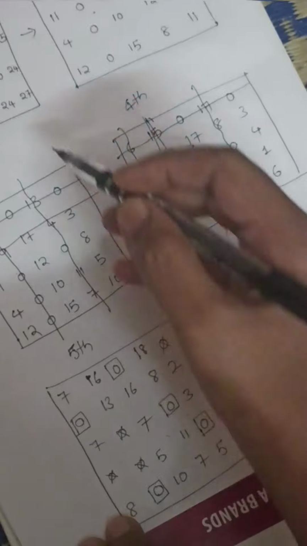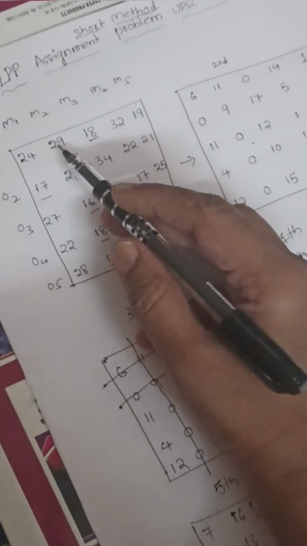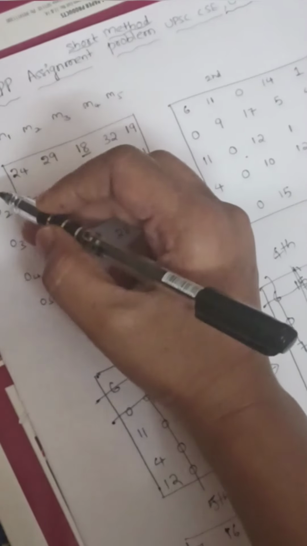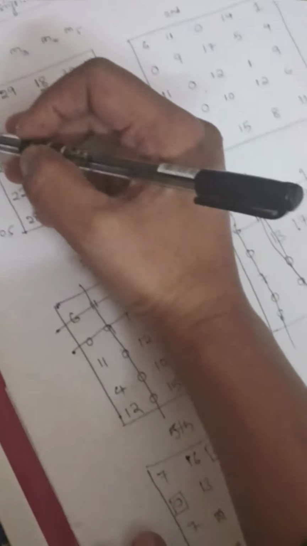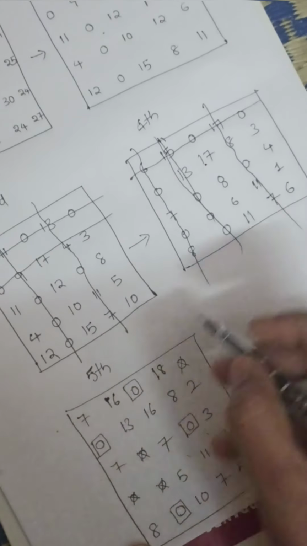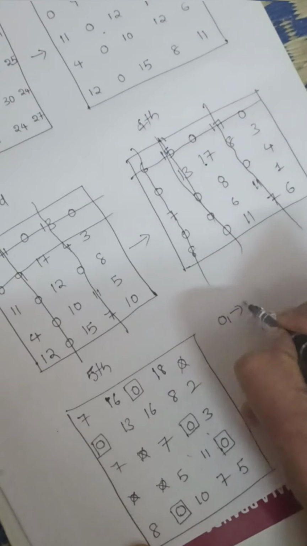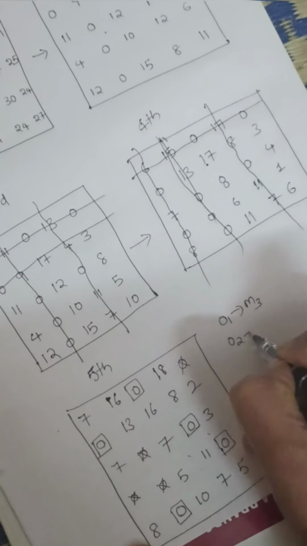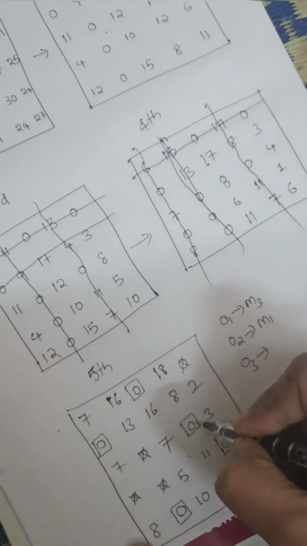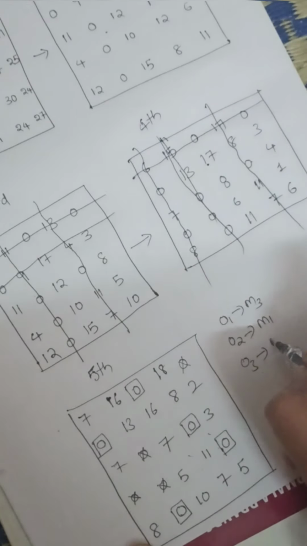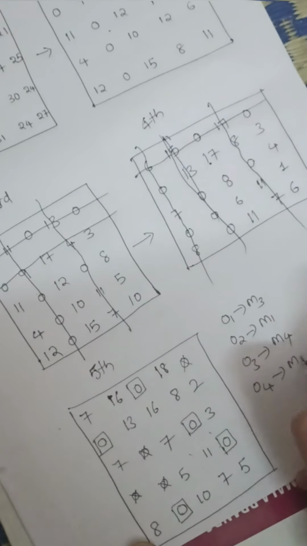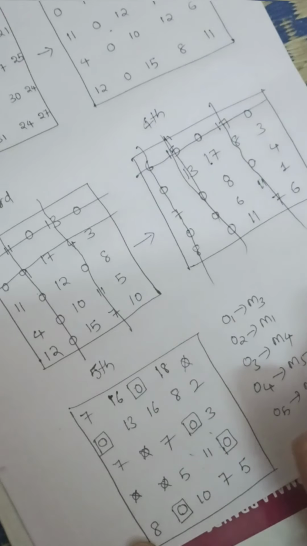Now let me find out the total cost. M1, M2, M3, M4. Now which machine is to be assigned for which? O1, O2, O3. See here for O1, M3. Okay. O1, M3, O2, this is M1, O3, this is M4, O4, this is M5, and O5, M2.